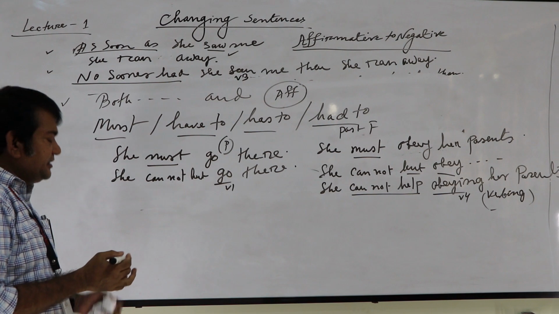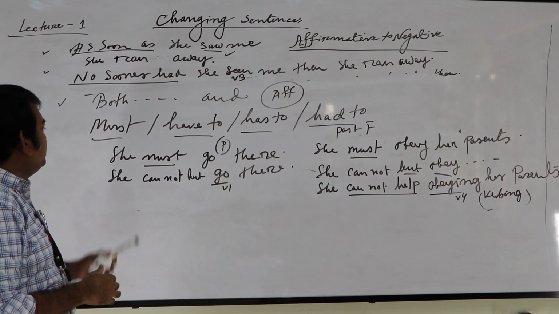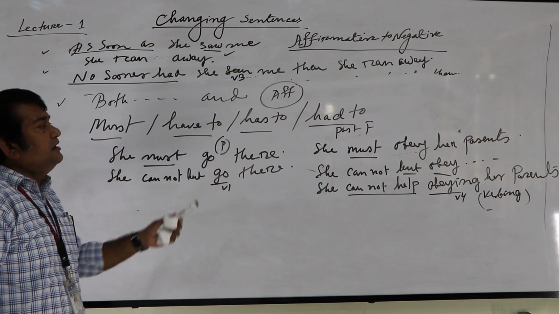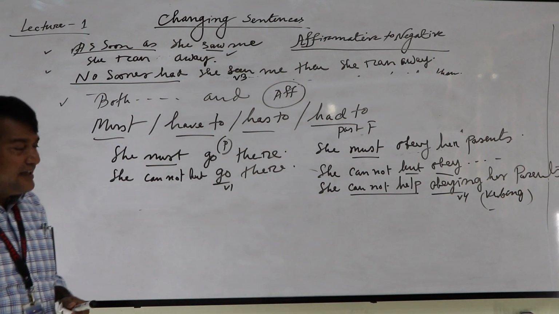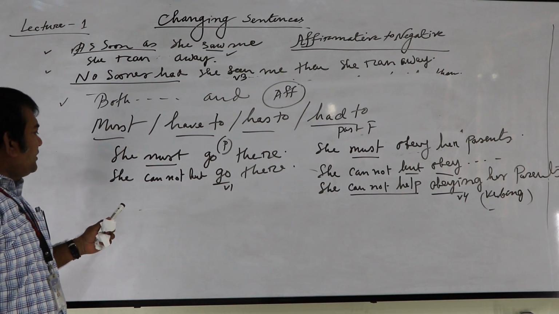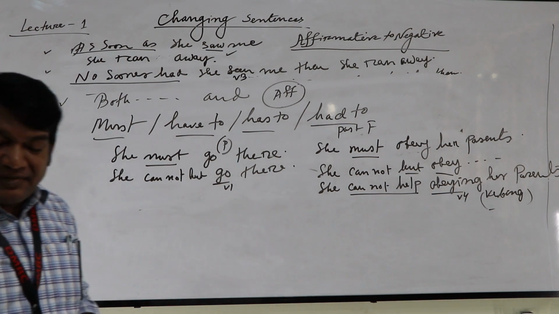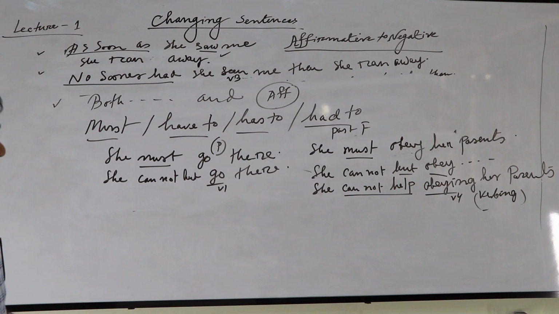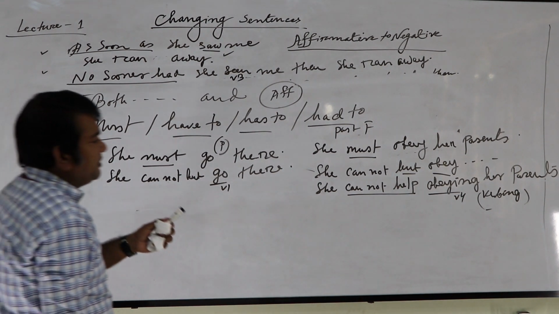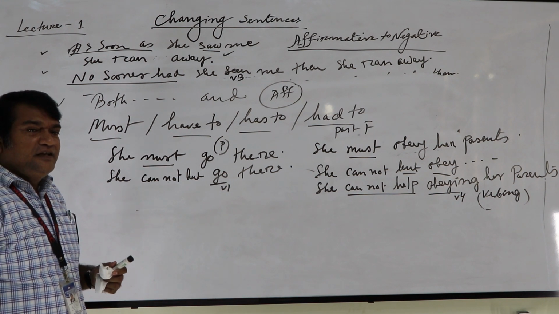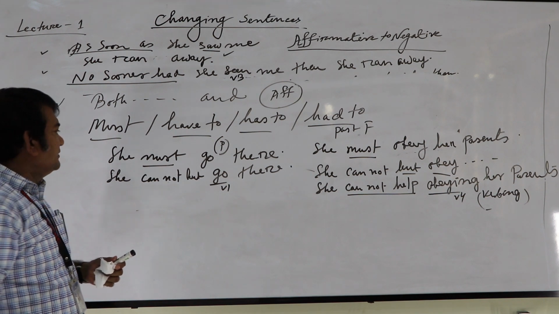So there are some changes. You should notice in changing this kind of sentence, if the sentence begins with must, have to, has to, or had to, then cannot but or cannot help is used. If you use cannot but, there should be a verb in the present form, and if you use cannot help, the verb will add ing.